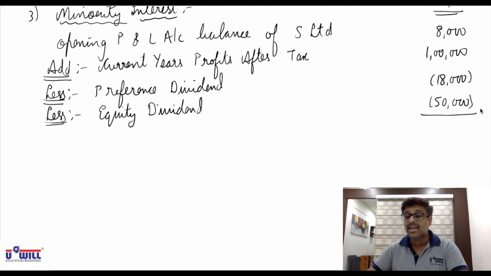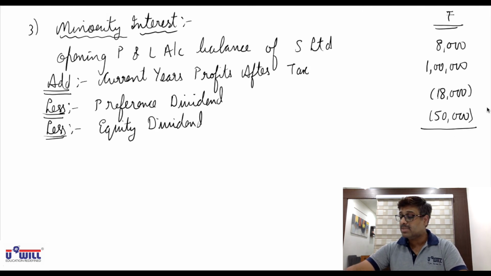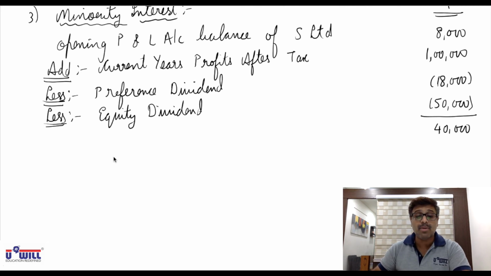So what is the final amount of minority interest, means profits available for minority interest? 8,000 plus 1 lakh minus 18,000 minus 50,000, that is 40,000. 40,000 of profits are available for minority interest.